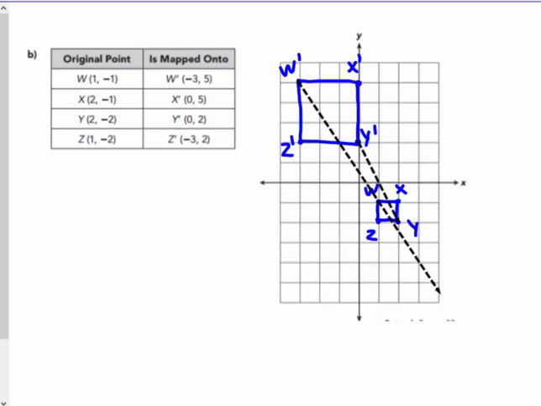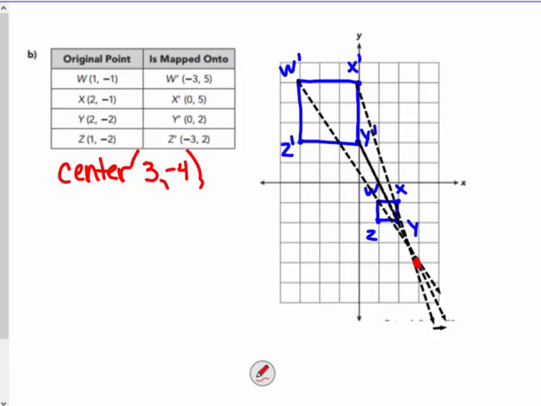And just for the heck of it, I'm going to do X to X's image and see if they, oh, yep, they're going to intersect right there. So they're going to intersect right here at (3, -4). So the center of dilation is (3, -4), not the origin.